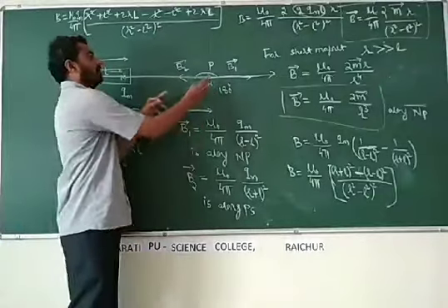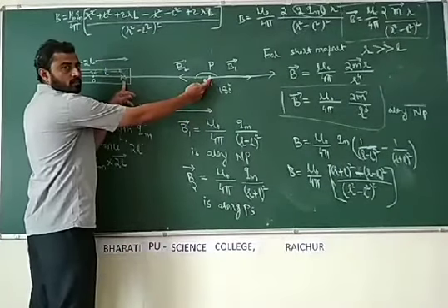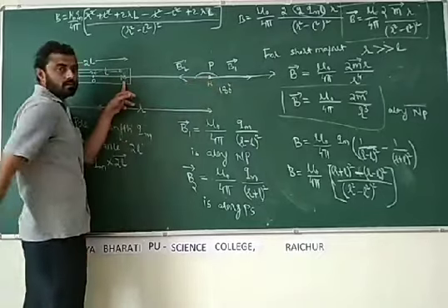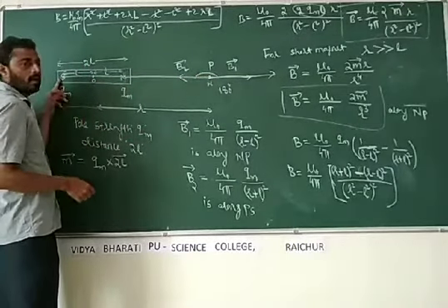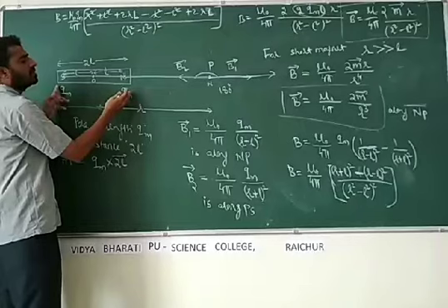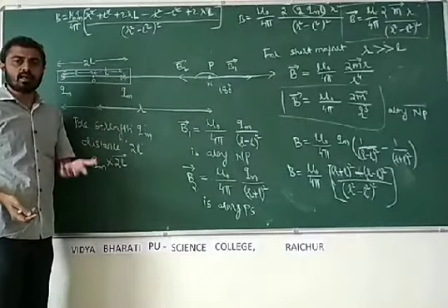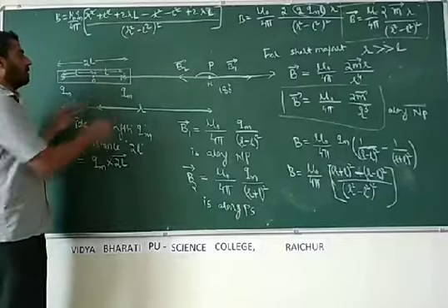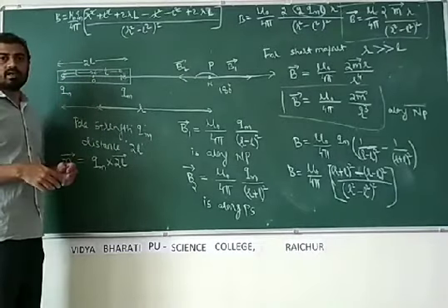Because this point P is very close to the north pole, and far away from the south. And a magnetic dipole means a system of two poles of the same pole strength. North pole also will have the same strength, south pole also will have the same strength.